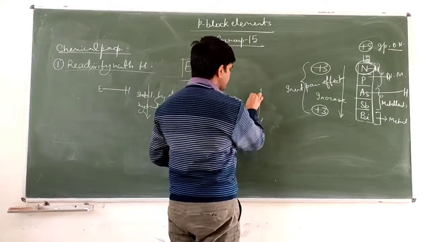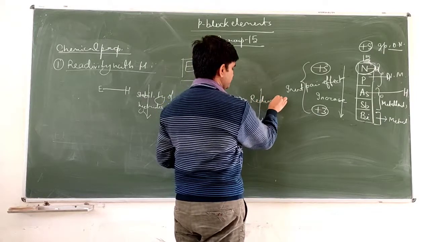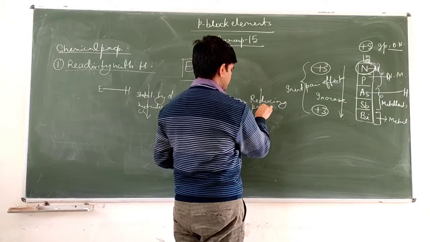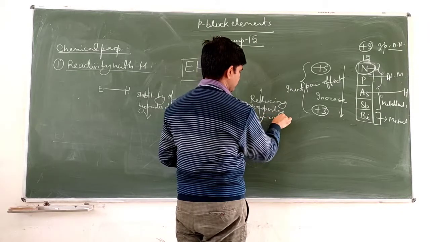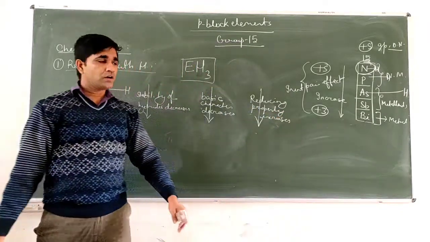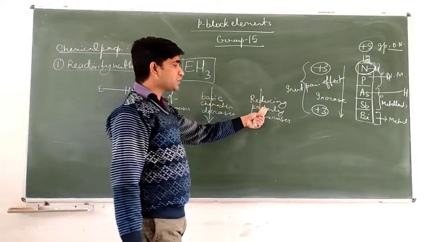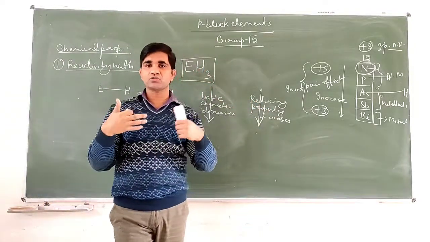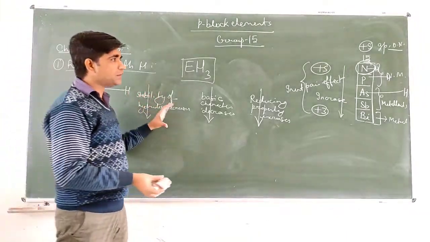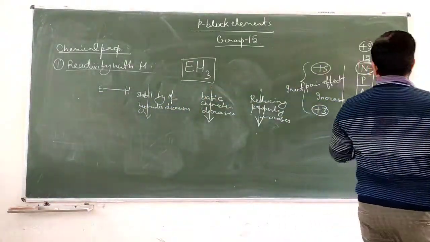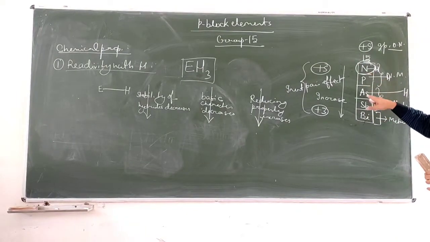Third is that their reducing property increases. Clear? Why does reducing property increase? Reducing agents are those which can release hydrogen easily. As we discussed in the case of thermal stability, bond length increases on moving down the group as size increases.